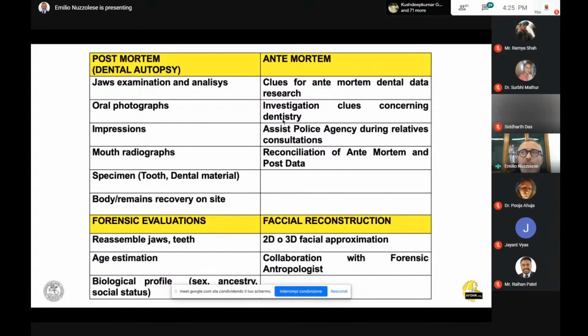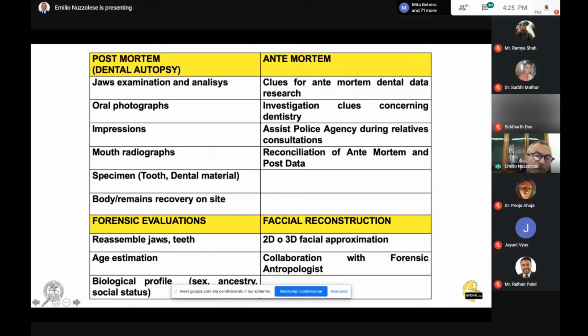So in Italy, for example, I could receive antemortem data from families of other countries, and of course we need to translate this. As clinical dentists, we also have the clinical experience to translate this information into valuable forensic postmortem dental information.